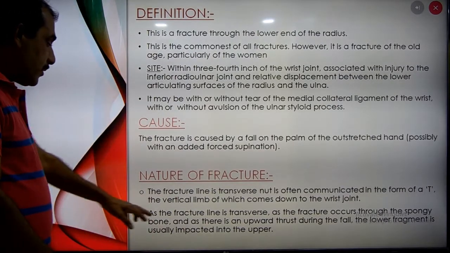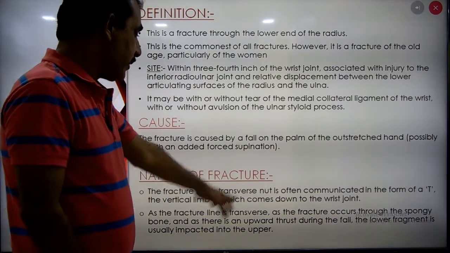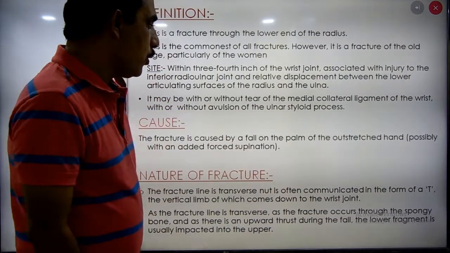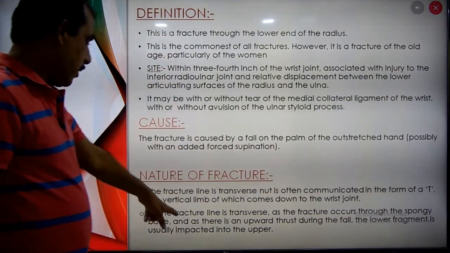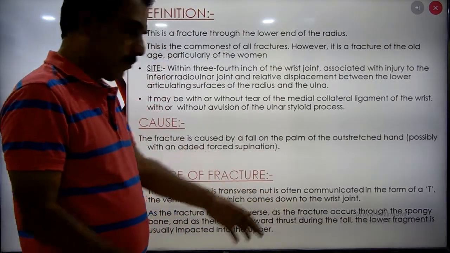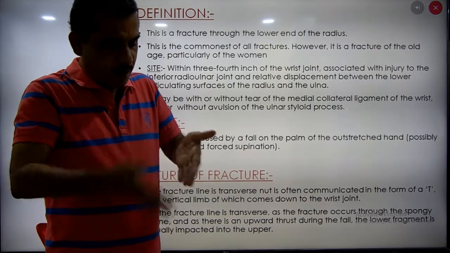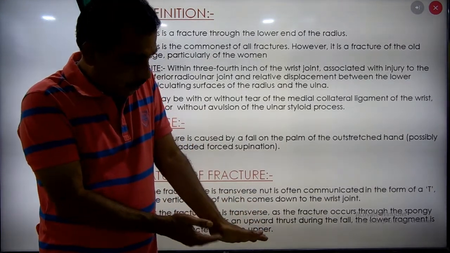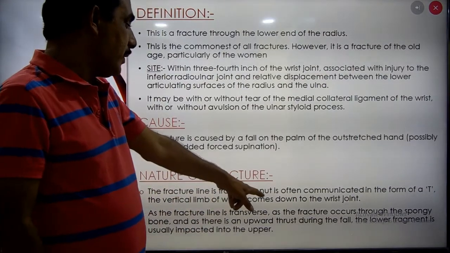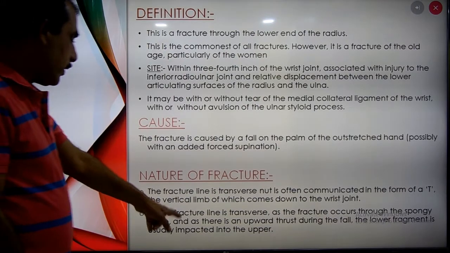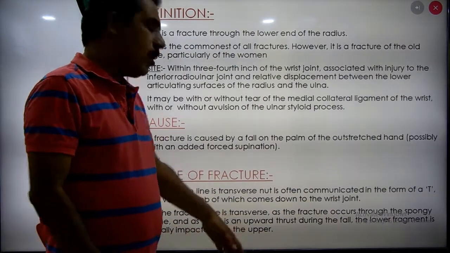And as the fracture occurs through the spongy bone, and as there is an upward thrust, because the woman falls on the palm of the outstretched hand, during the fall the lower fragment is usually impacted into the upper.